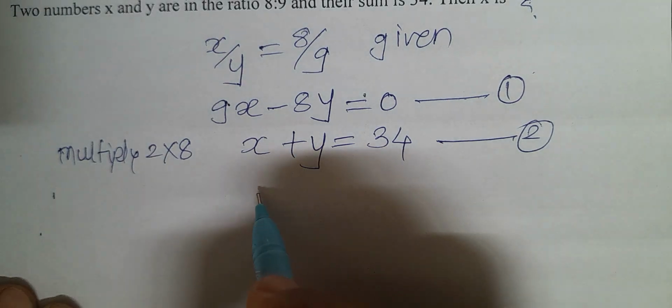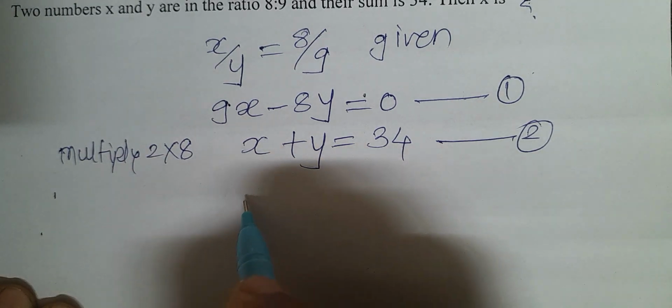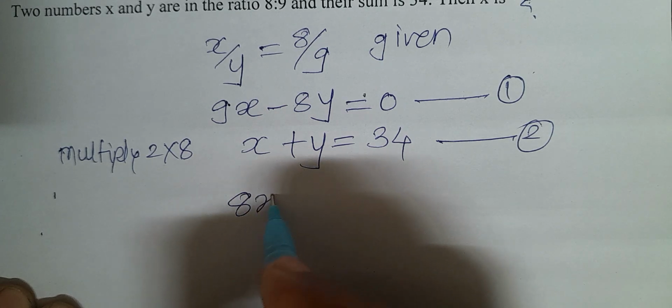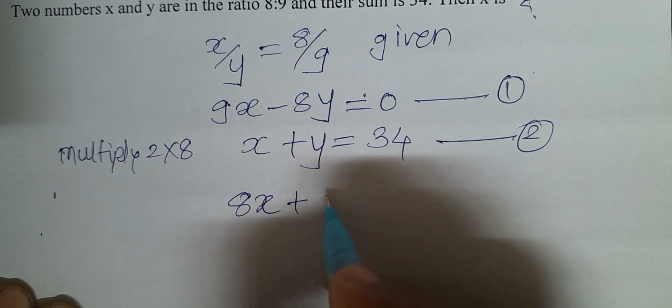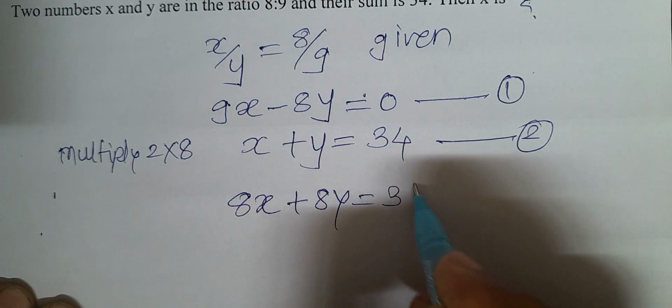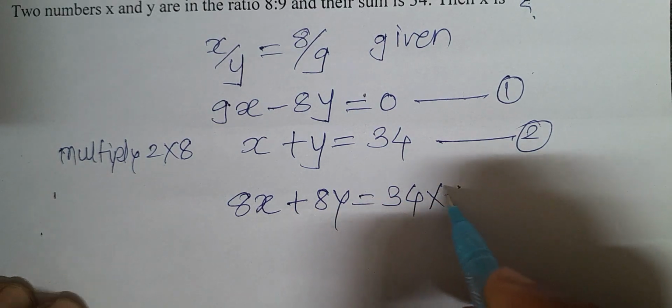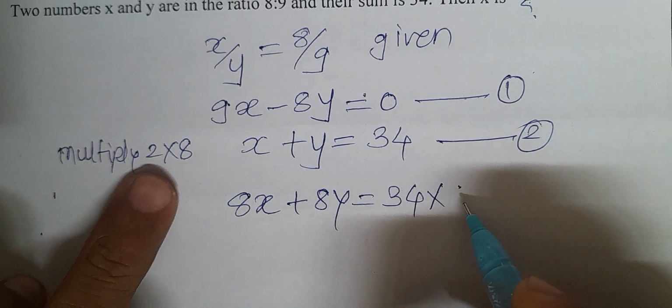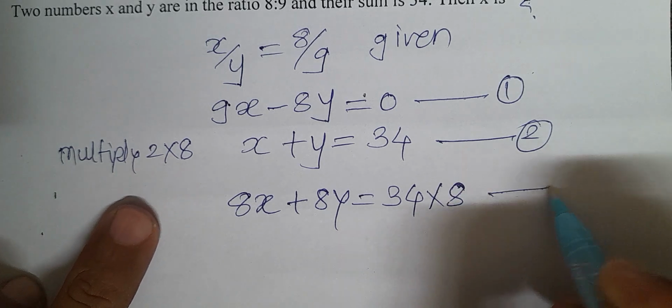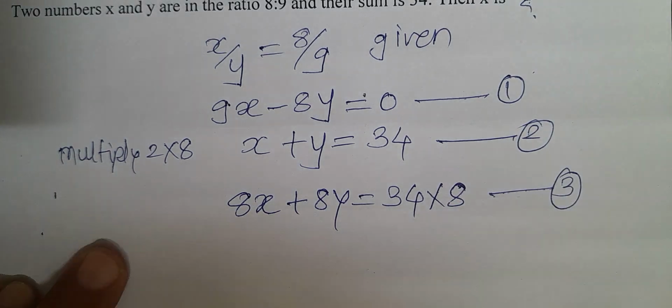If you multiply 2 by 8, then 8x plus 8y is equal to 34 into 8. So this equation we have got as 3.